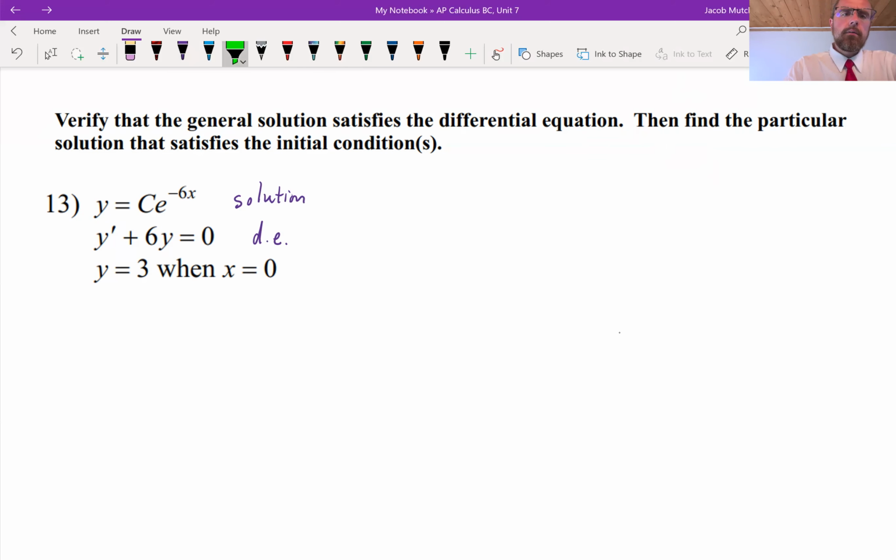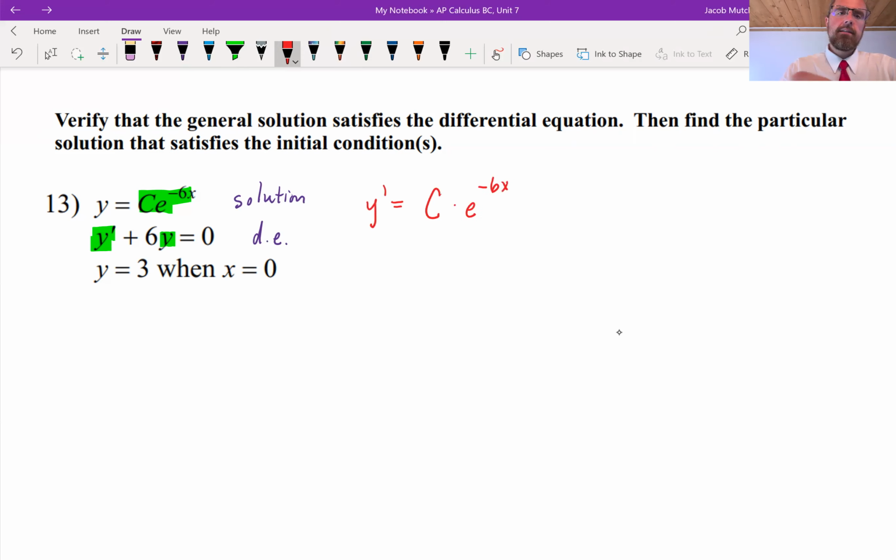So again, on the left side, I see that I need to make 2 substitutions. So y, which I've got already, that's c e to the power of negative 6x. I need to find also y prime. So to make those substitutions, let's find y prime first. I'm just going to take the proposed solution, take its derivative. So that's going to be c times e to the power of negative 6x.